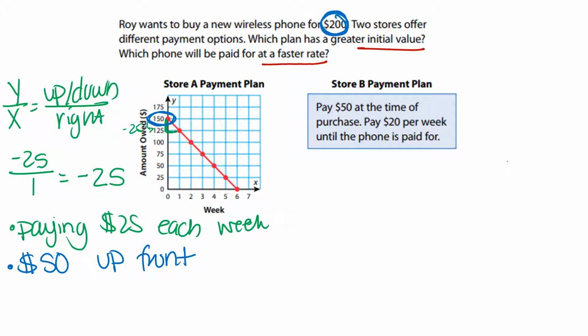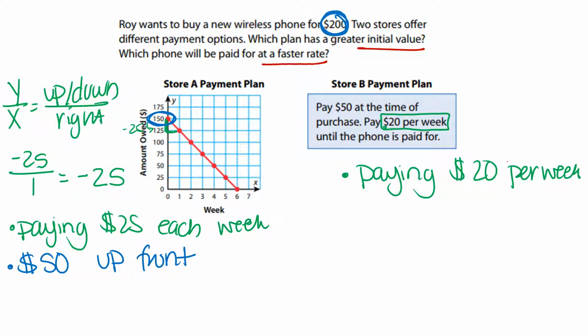Now, moving on to store B. Store B, it says pay $50 at the time of purchase and pay $20 per week until the phone is paid for. Anytime we see the word per tells us that it's the rate of change. So that one is paying $20 per week. And then the other fee is our initial value.